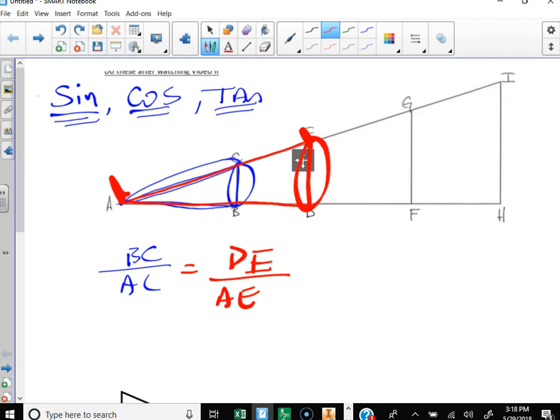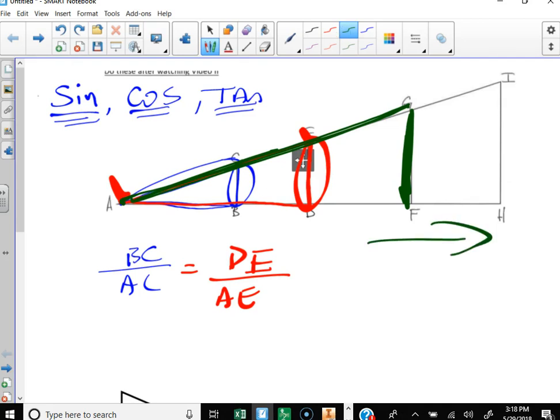If you measured them and they were a little bit off, that's obviously understandable, that's part of science, but they are the same. And then of course you could carry this further. This over this would also give you the same number, and so forth and so on. Which means that the size of the triangle doesn't really make a difference.